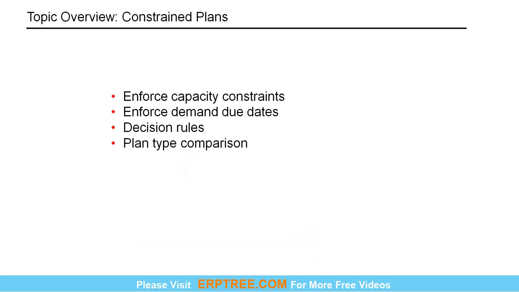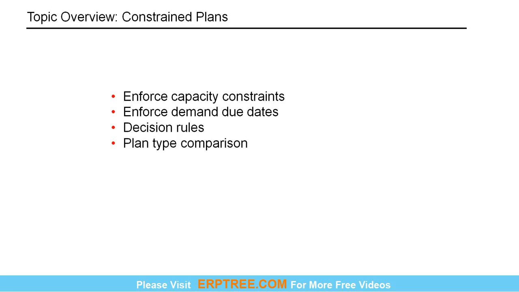Okay, so the constraint plan is of two types. One is the enforced capacity constraints, which we generally call the ECC plan, and another is the enforced demand due dates, which is called the EDD plan. It depends upon the business what your priority is, whether you do not want to overload the capacity of the resources and the suppliers, or you have to meet the customer demand whatever it is.